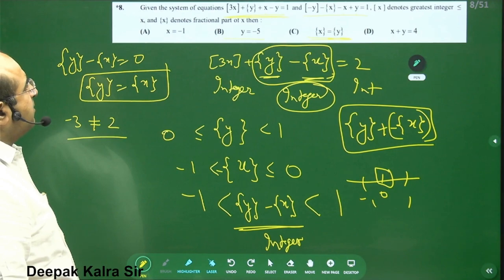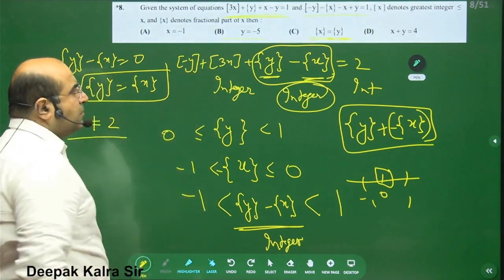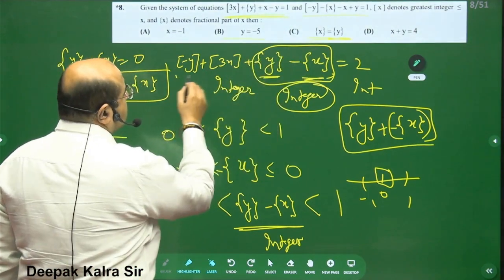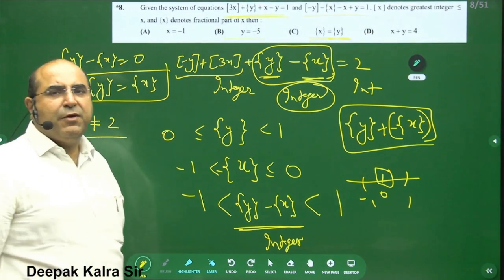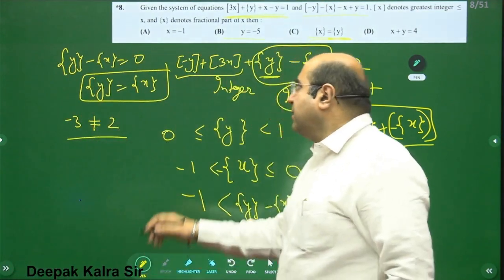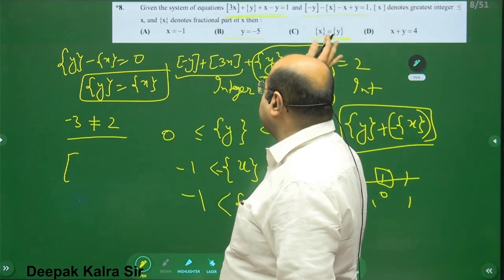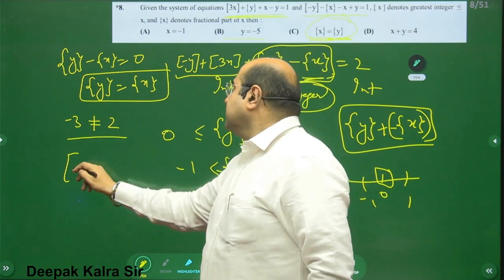Which thing are we missing? Okay, g of minus y is also there. Yeah, so this one is automatically an integer. The whole part is an integer. So no doubt we have not gone wrong. This is correct. But with this, we just move on to see whether any other option is correct.